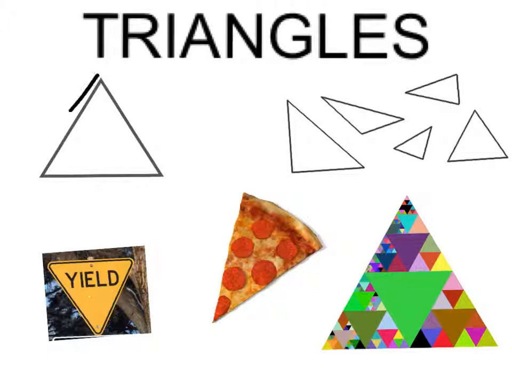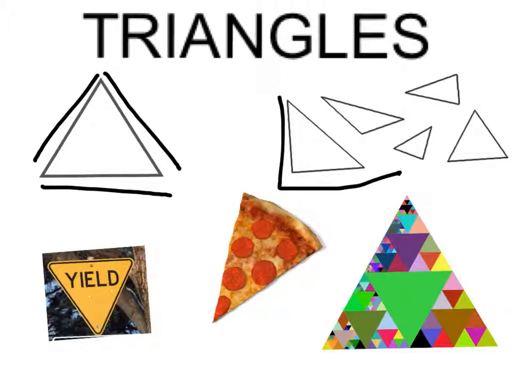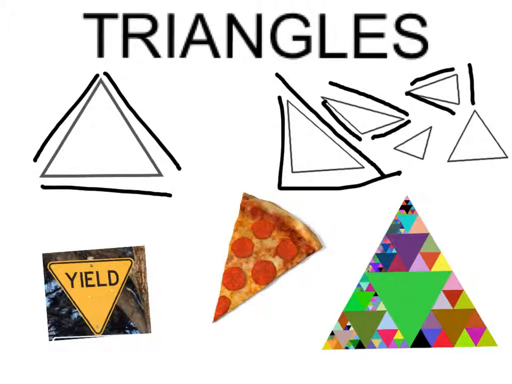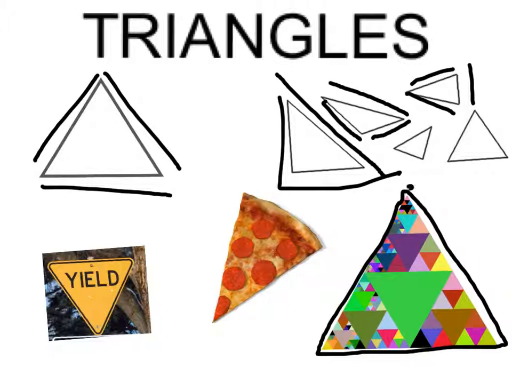This one, all of them are the same length, and it's a triangle, but on this one, these 2 look the same, and this one's different. All of these have a little bit different lengths. These 2 are the same, but this one's different, as long as it has 3 sides that makes 3 points, it's a triangle. This picture is kind of cool because there's lots of triangles inside of it.